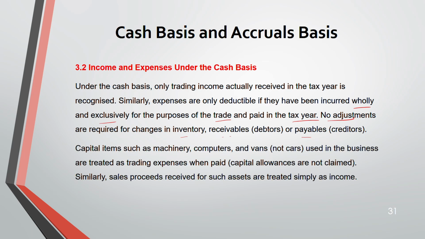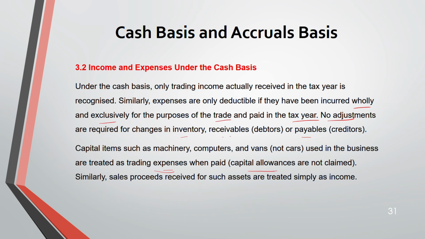Now, capital items like machinery, computers, vans, but not cars, that are used in the business, you can treat as trading expenses. They might be capital expenses, but because you're using them in the business, you can claim them as trading expenses. Because they're trading expenses, you can't claim capital allowances.